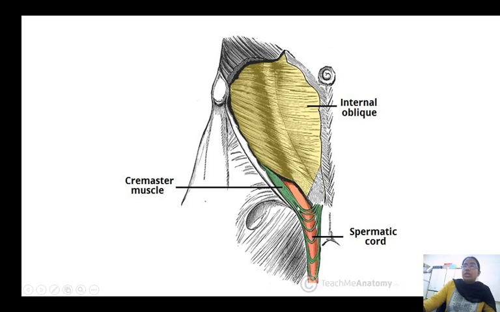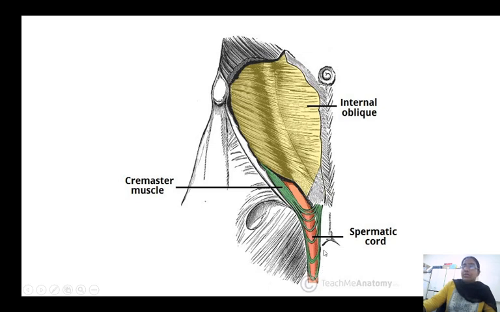Some fibers coming from the medial part of the inguinal ligament extend downwards as fasciculi, as U-shaped loops, forming the cremaster muscle, which gets inserted into the scrotum. It forms slings in this way and gets inserted.